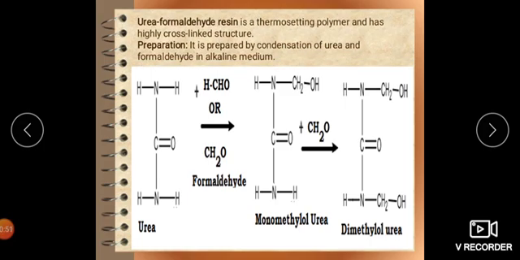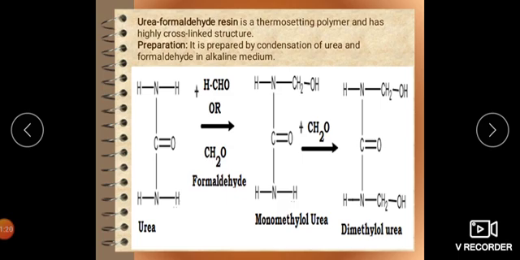These urea formaldehyde resins are obtained by the reaction of urea with formaldehyde. This resin is prepared by the reaction between 1 part of urea and 2 parts of formaldehyde in basic medium in a stainless steel vessel at about 50 degrees Celsius.